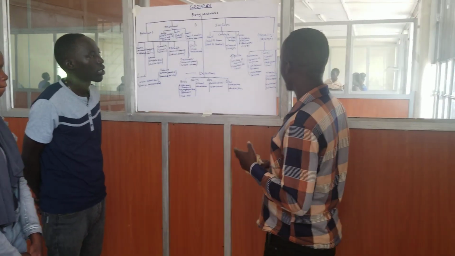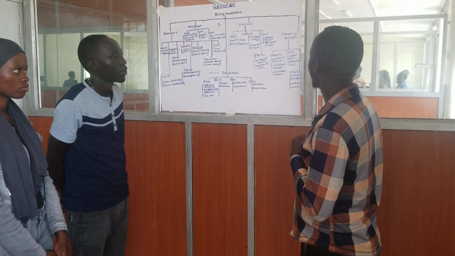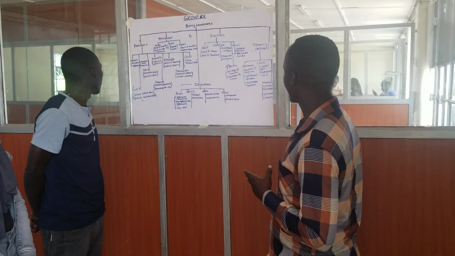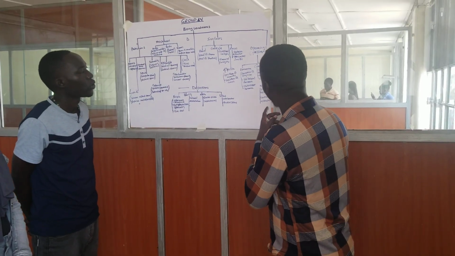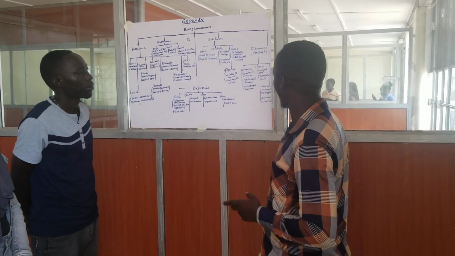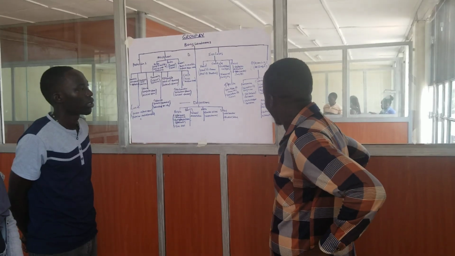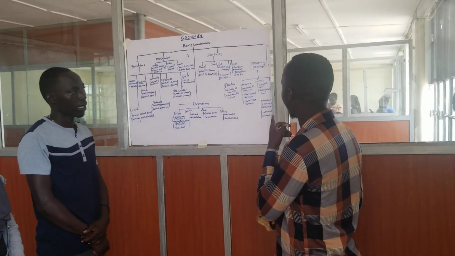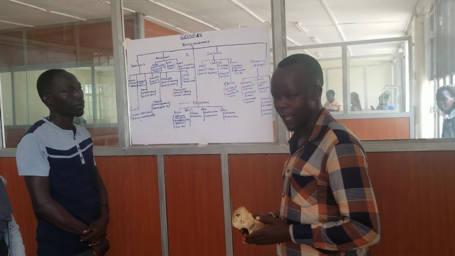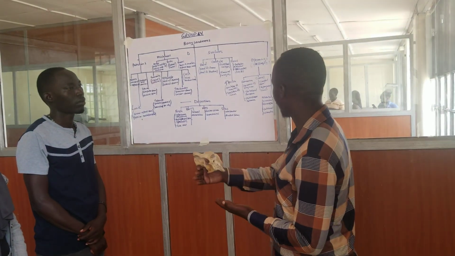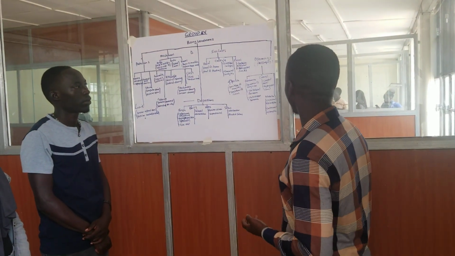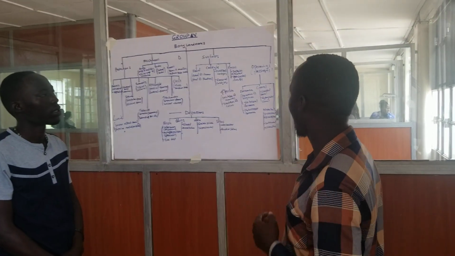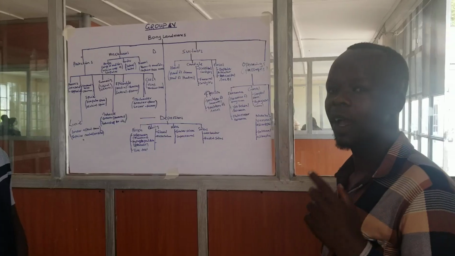Under the foramen we have the foramen magnum, the vertebral foramen, and the obturator foramen. Then proceeding to the canal, a canal is like a pathway for fluid and so forth. Under the canal we have the carotid canal and the hypoglossal canal.